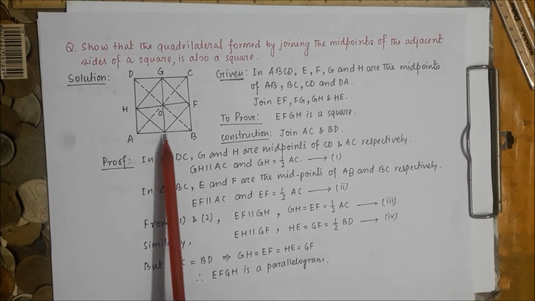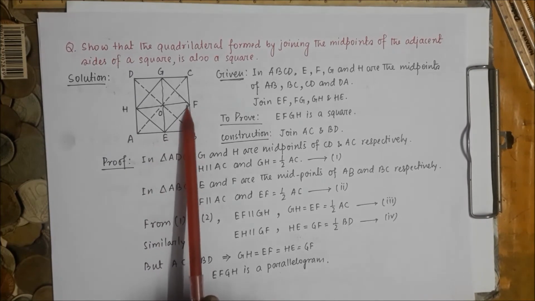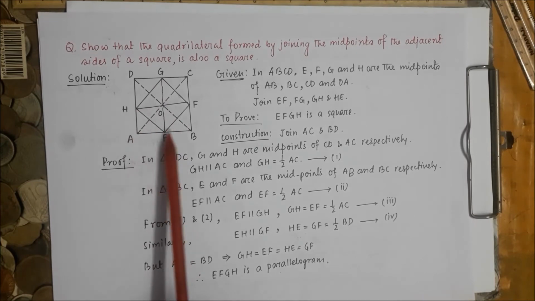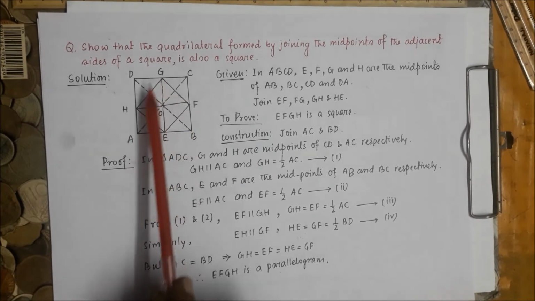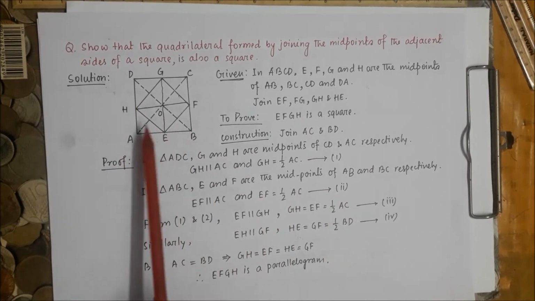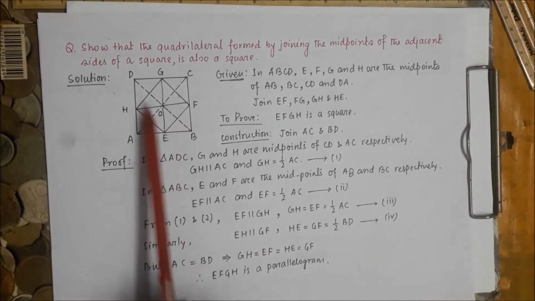We need to join EF, FG, GH and HE. So we need to prove that EFGH is a square. For construction, we join the two diagonals, that is AC and BD.